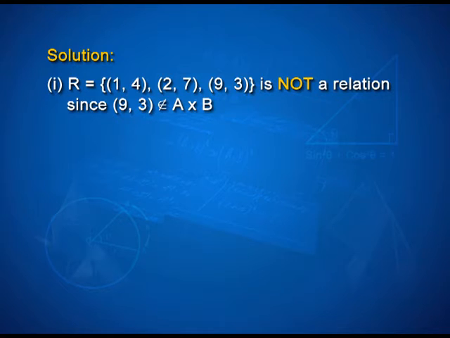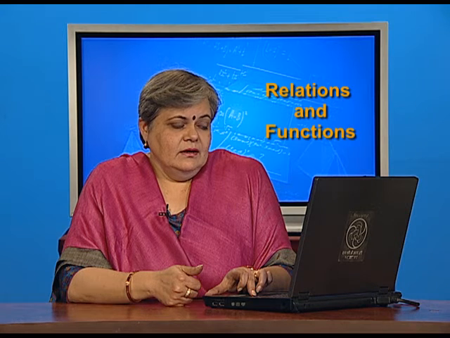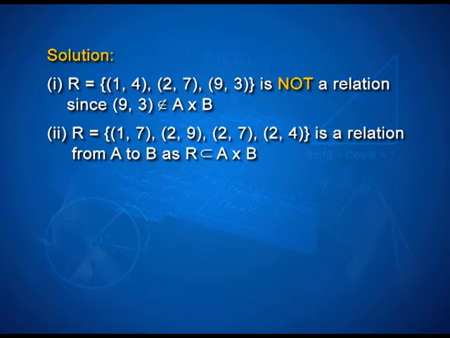So, if you see closely, (9, 3) does not belong to A cross B, because 9 comes from set B. So, (9, 3) actually belongs to B cross A, and therefore, R in our first part is not a relation.